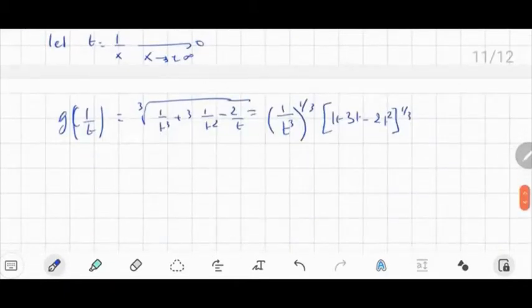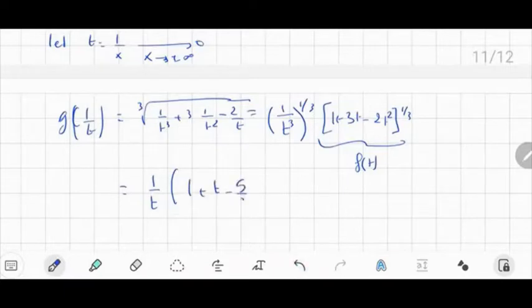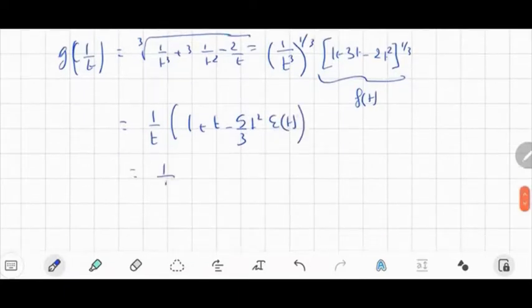So what's in here is f of t. So this is equal to 1 over t times 1 plus t minus 5 over 3 t squared epsilon of t. And this is of course equal to 1 over t plus 1 minus 5 over 3 t epsilon of t.